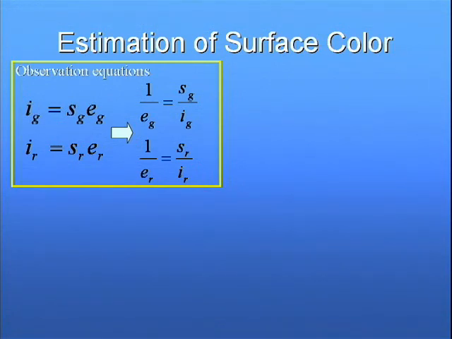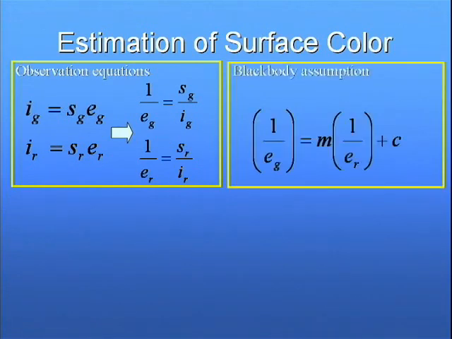Then this component is 1 over EG, and SG over IG like this. So this is the equation. And here, only IG and IR are known. Now, from the previous Planck locus formula, we can set up this equation too.